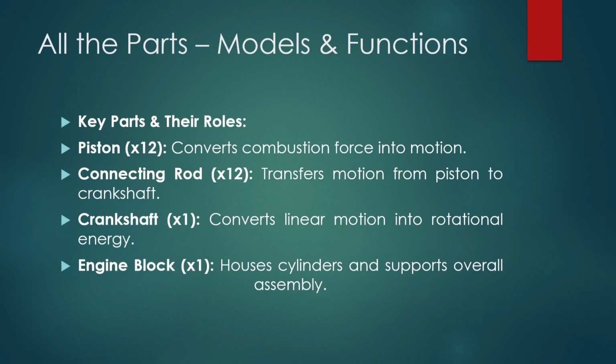We used the piston, which converts the combustion force into motion, and the connecting rod, which transfers motion from the piston to the crankshaft. We used the crankshaft, which converts linear motion into rotational energy, and finally the engine block, which houses the cylinders and supports the overall assembly. So this was about all the parts.